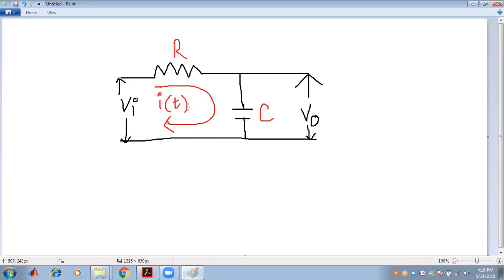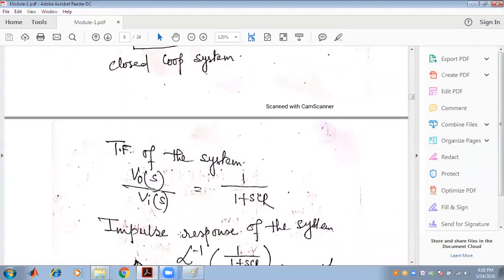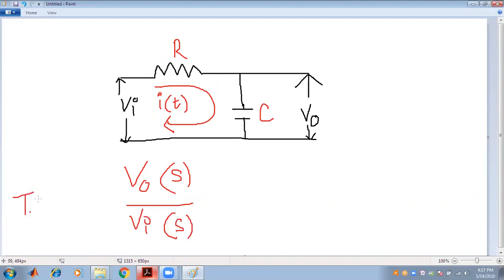So here the output is V0 and input is Vi. Keeping all the initial conditions equal to 0, we have to find V0 by Vi, which is generally known as the transfer function of the system.